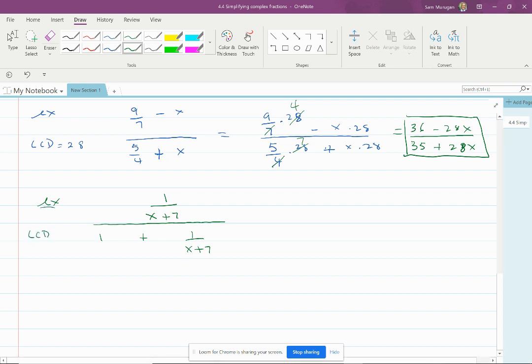So the LCD is x plus 7. Everything gets multiplied by x plus 7. So 1 over x plus 7 times x plus 7, over 1 times x plus 7 plus 1 over x plus 7 times x plus 7.